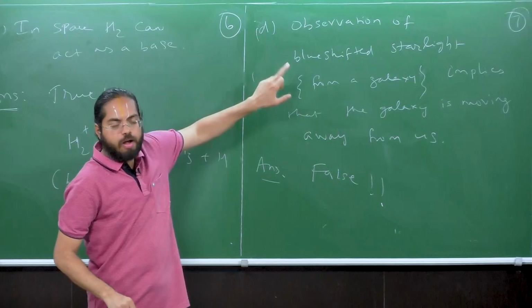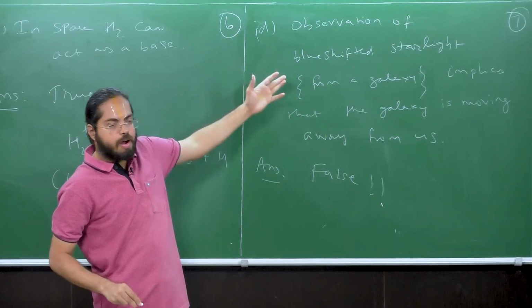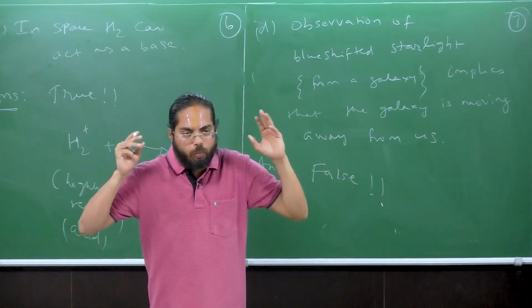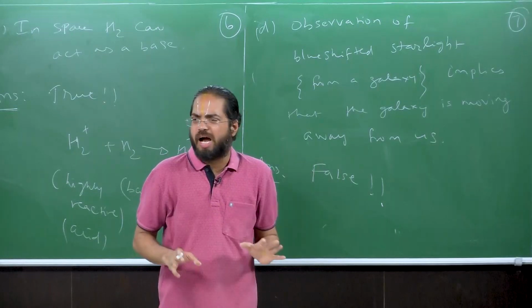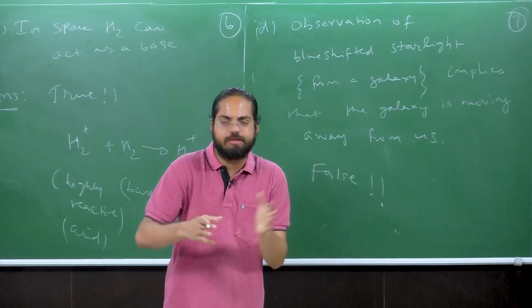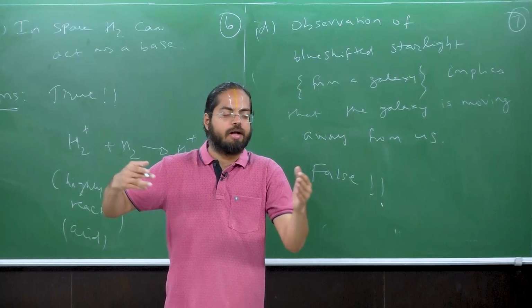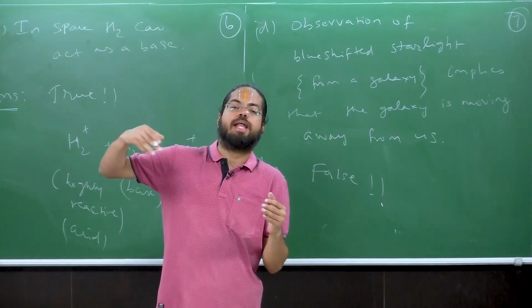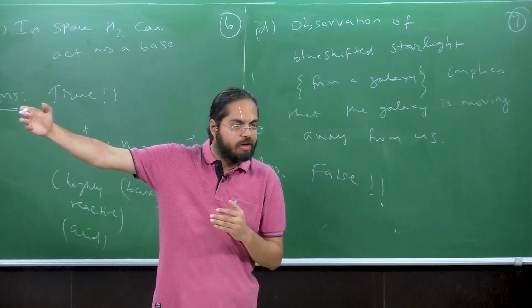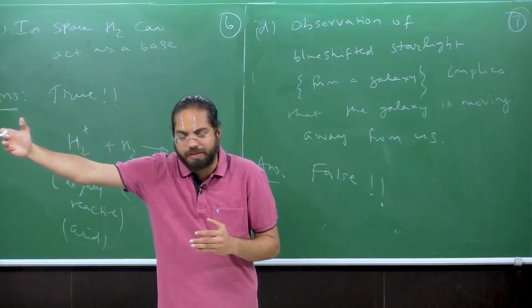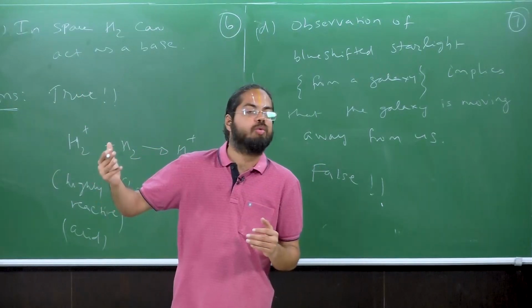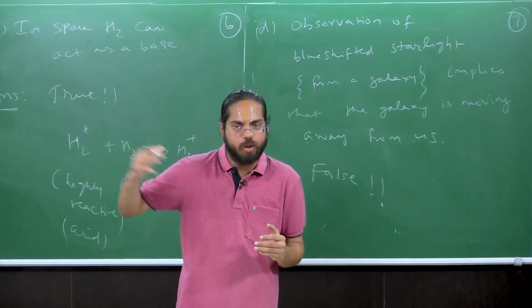So the fact is that, based on the idea of relative motion, just like in sound waves, when the galaxy is moving away from us, the wavelength should be higher, correct? And when the galaxy is moving towards us, the wavelength should be lower.